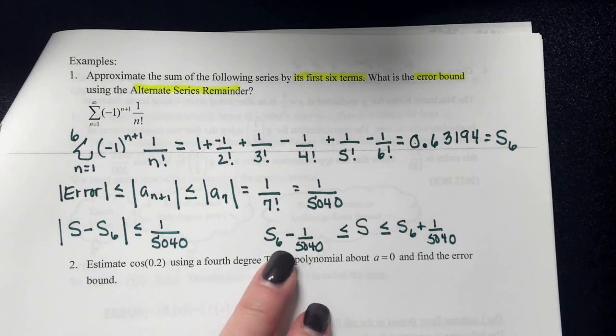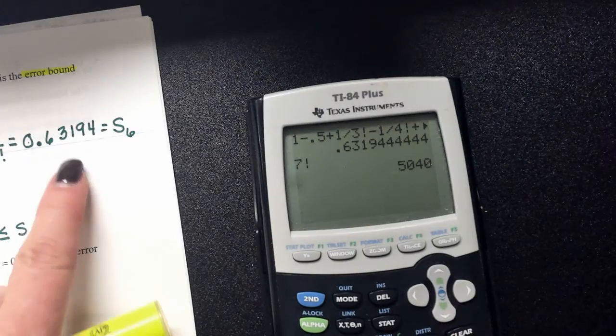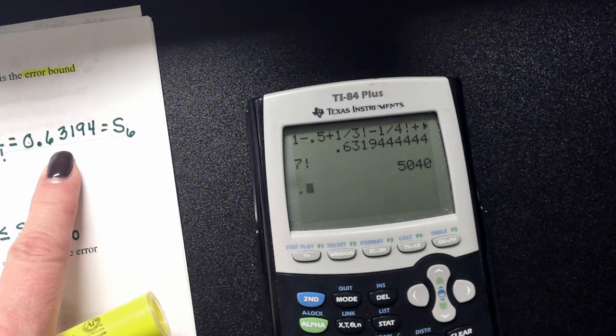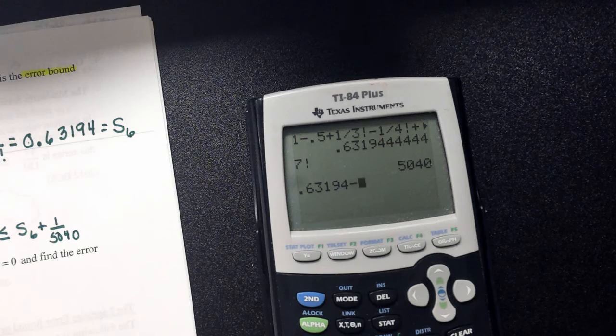If I actually come up with a value here, I know what S sub 6 is, which is 0.63194. I subtract from that 1 divided by 5,040, or 1 over 7 factorial.